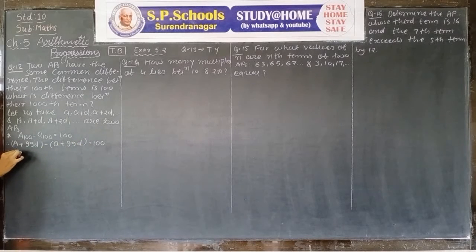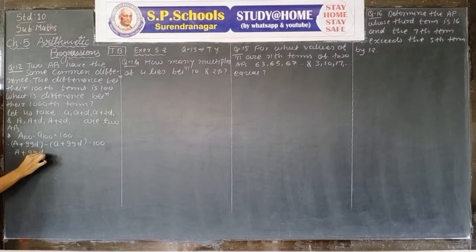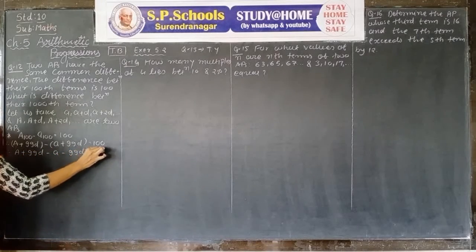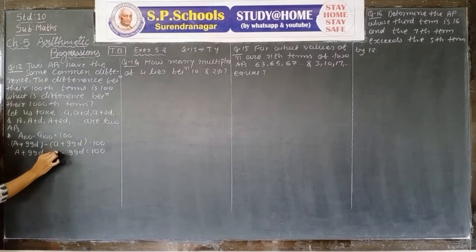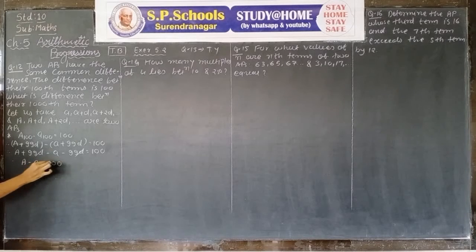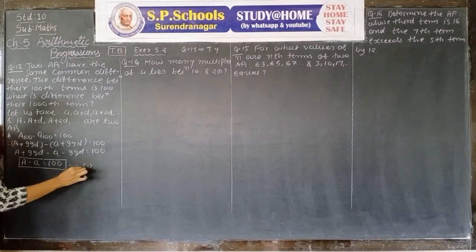That's why A plus 99D minus A dash minus 99D is equal to 100. The 99D and 99D cancel, and we get the difference between the first terms is equal to 100. It is our result number 1.